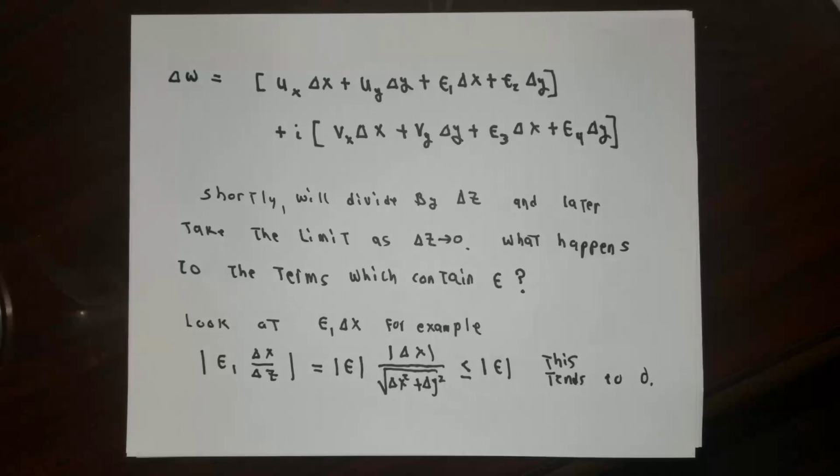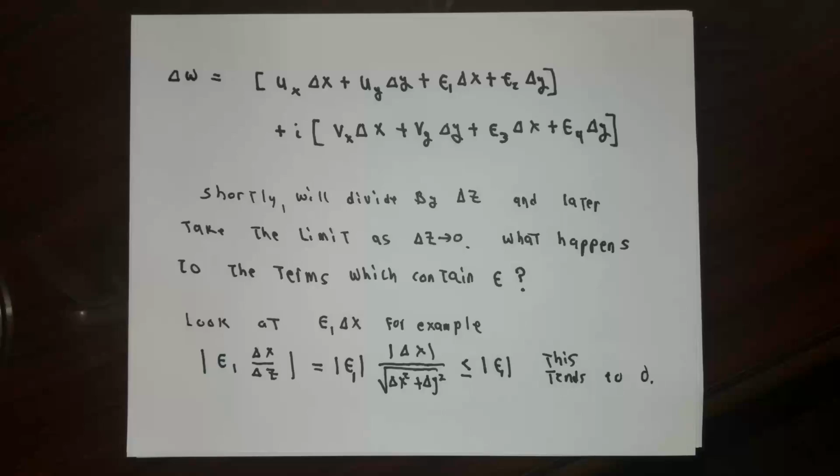In a little while, I'm going to take the change in function value, divide it by delta z, and then take the limit as delta z approaches 0. Shortly, I'm going to divide through by delta z and take the limit as delta z goes to 0.